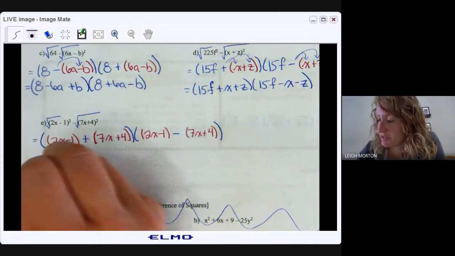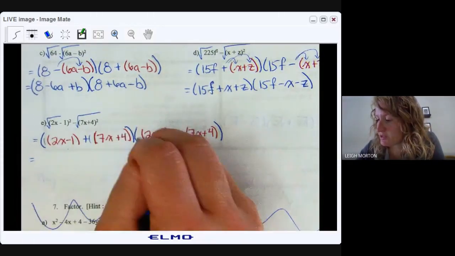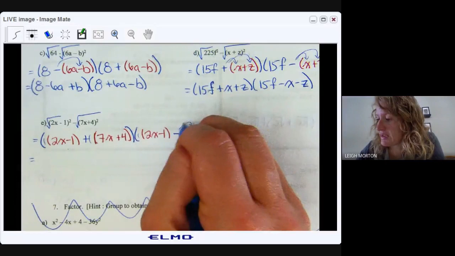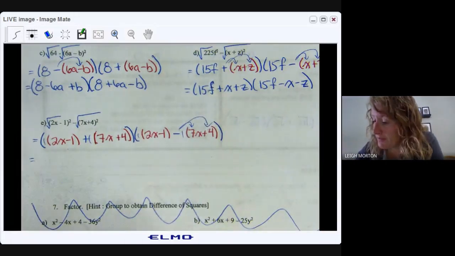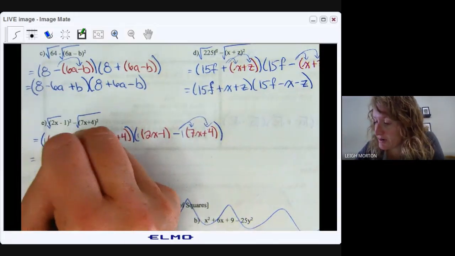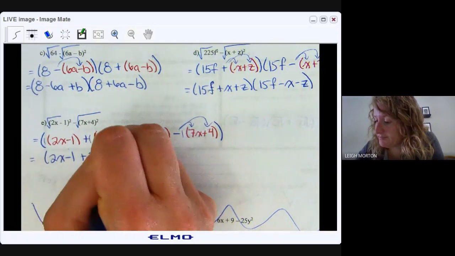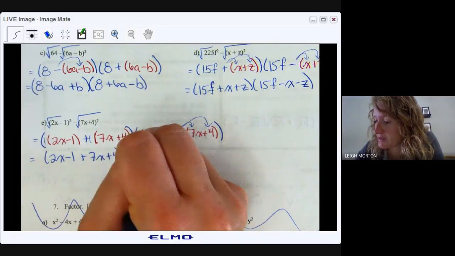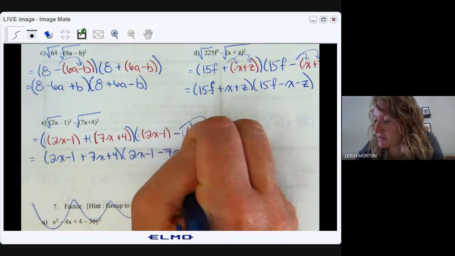And when I distribute all of these ones through, here's the only negative one that's going to change. 2x minus 1 plus 7x plus 4 times 2x minus 1 minus 7x minus 4.